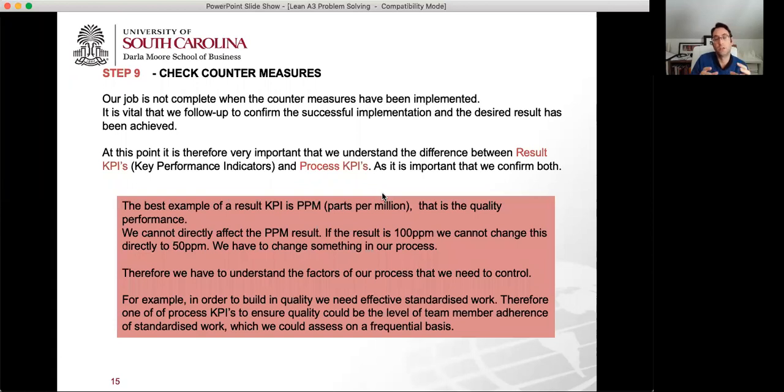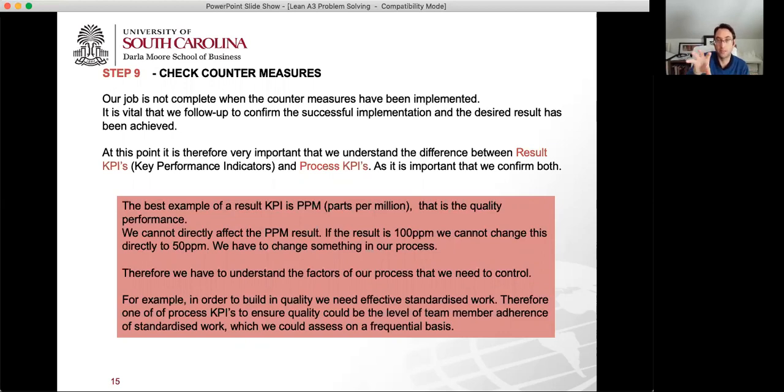So our result KPIs, which is the performance metric usually that we're looking at to improve, or Y variable, okay? That's important that we understand that, but it's important to understand the process KPIs, right? So this is an example of our quality, parts per million, right? Or DPMO, defects per million opportunities, the same thing as PPM.